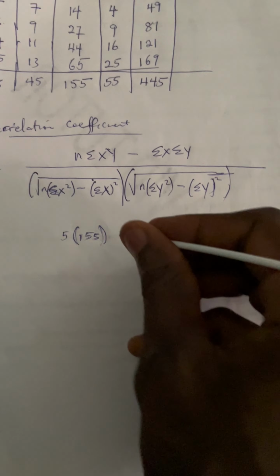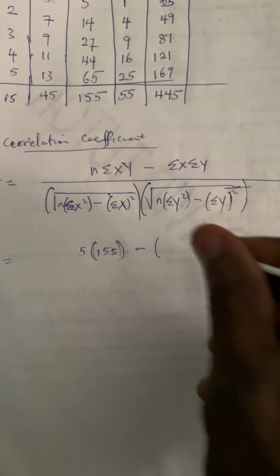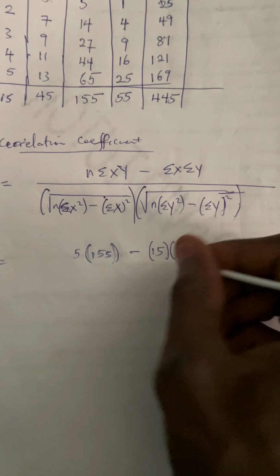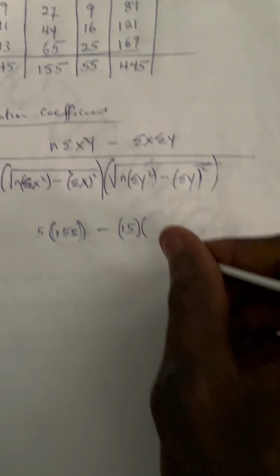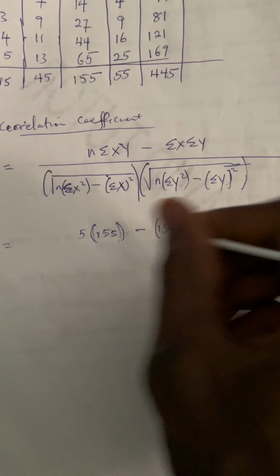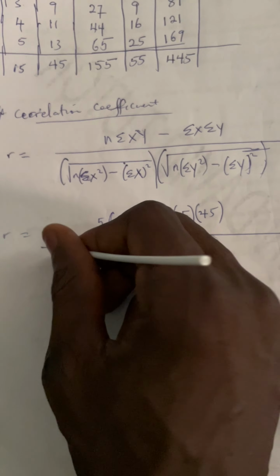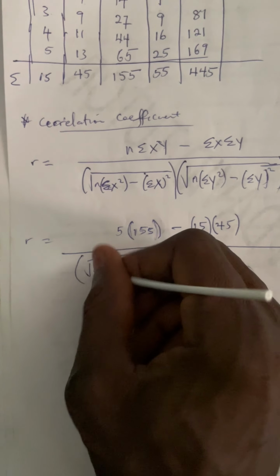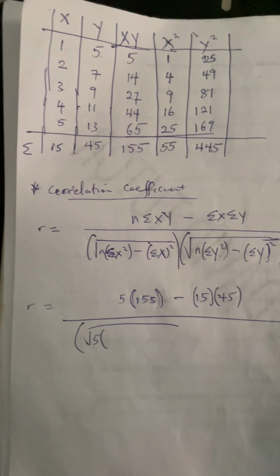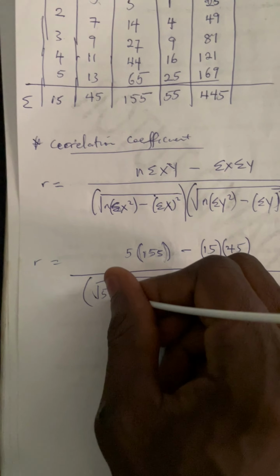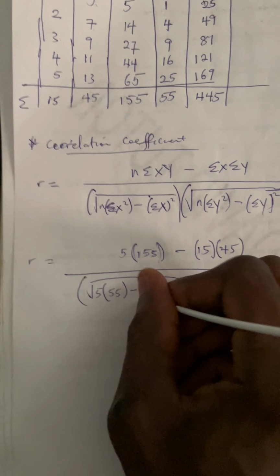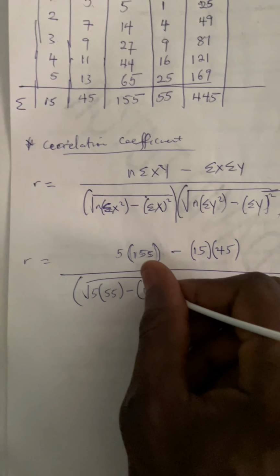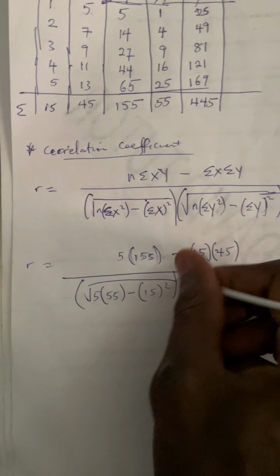So let us insert. We have minus into bracket summation x, that's 15, into bracket summation y, that's 45. Then all over into bracket square root of, we have n, that's 5, into bracket summation x squared, that's 55, minus summation x, which is 15, all square.